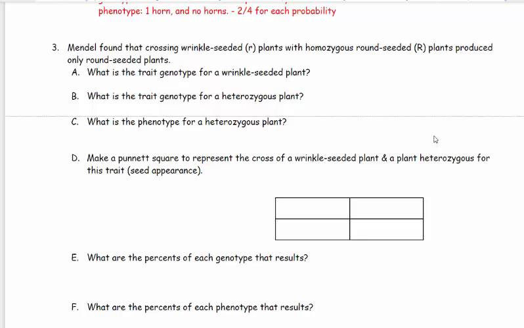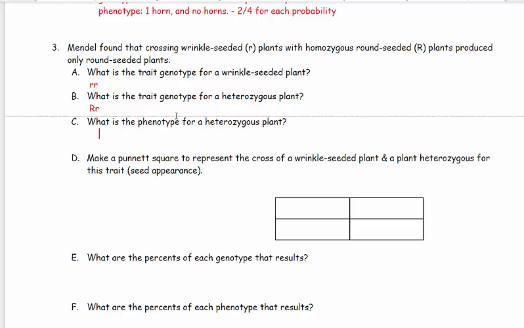Okay, let's get started. In question 3a, what is the trait genotype for a wrinkle-seeded plant? Now, wrinkle-seeded apparently is represented by a small letter r. So if it is wrinkle-seeded, which means it has a recessive trait, then it has to have both recessive alleles, small r, small r. What is the trait genotype for a heterozygous plant? Remember, heterozygous means it always has one dominant, one recessive, and we always put the dominant before the recessive.